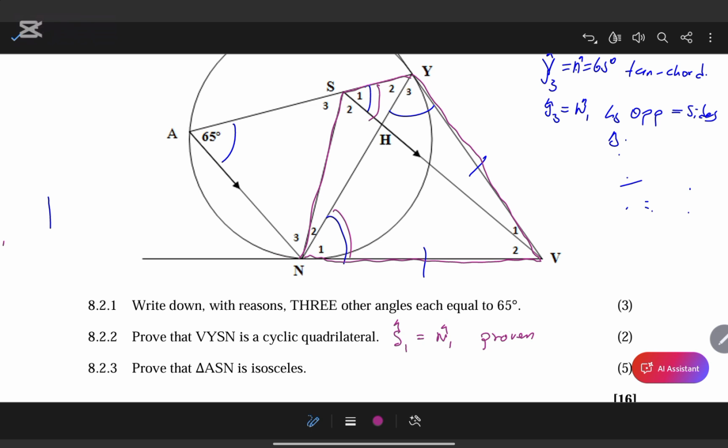Therefore, the diagram SYVN is a cyclic quad. Why? The reason is equal angles on the same side of a line segment or of a line. Or you can write converse, angles in the same segment.